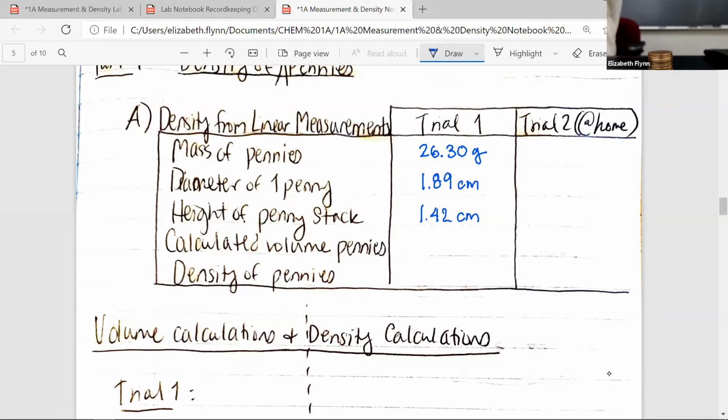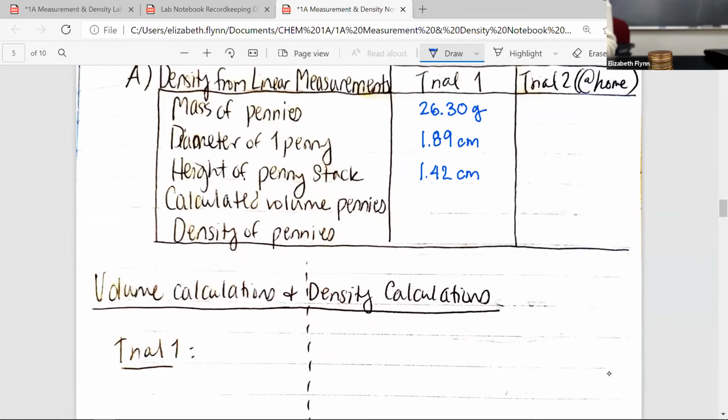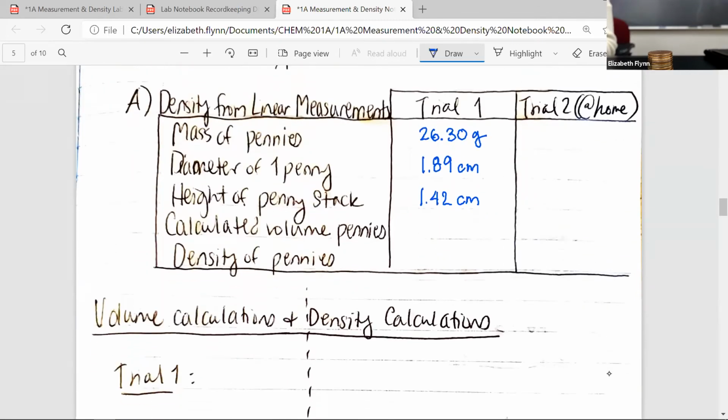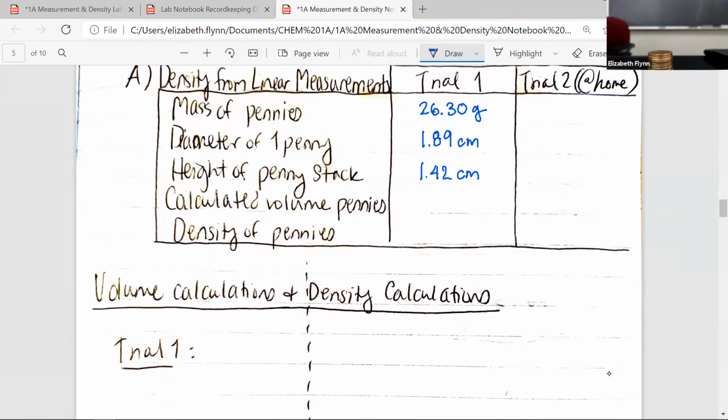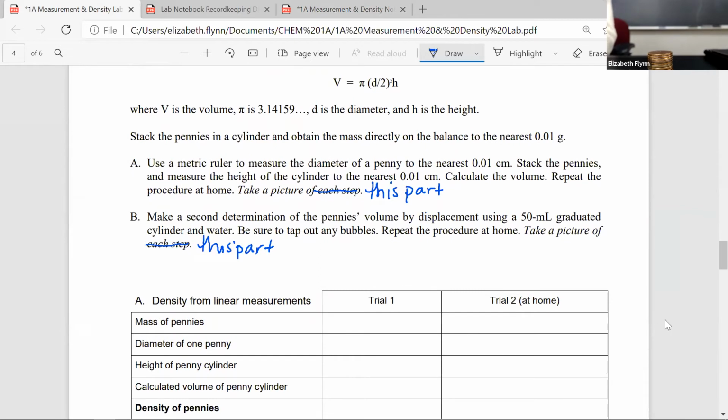All right, so what we'll do is now calculate the volume. So we saw on the actual lab itself that we can use the volume of a cylinder to calculate the volume of the pennies, okay?